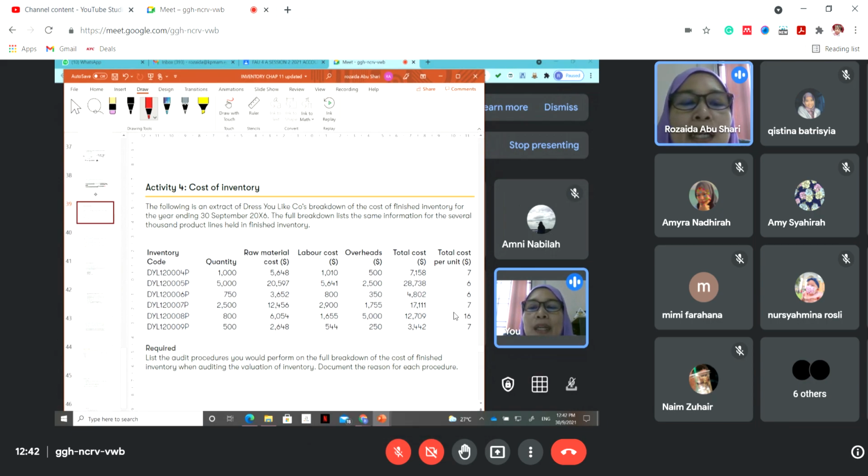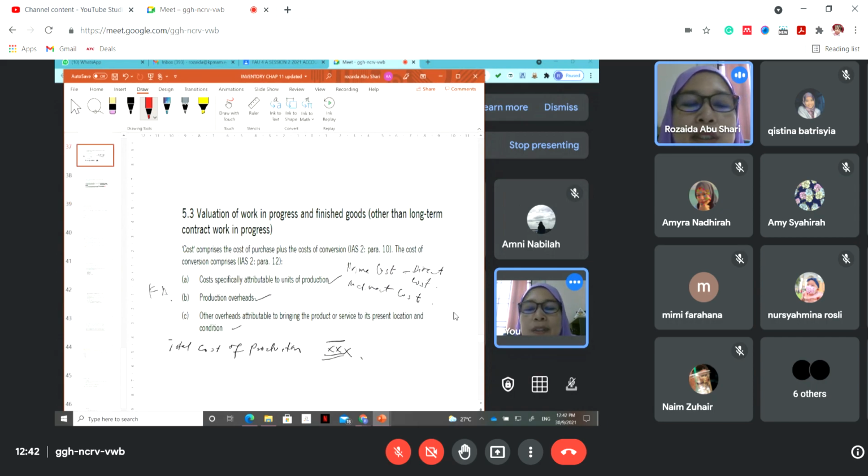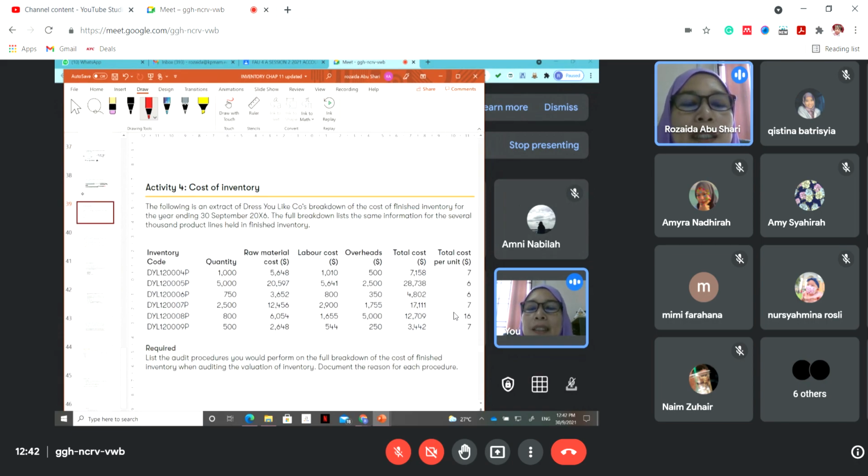So how they record the information: cost specifically attributable to unit of production, production overhead and other overhead. So this is extracted for the cost of inventory. This is the quantity given, for the code of the item.